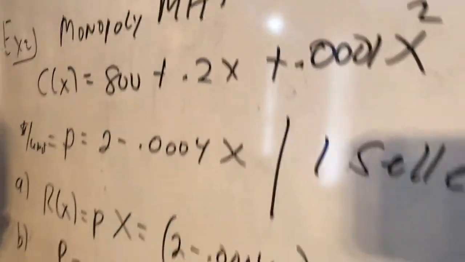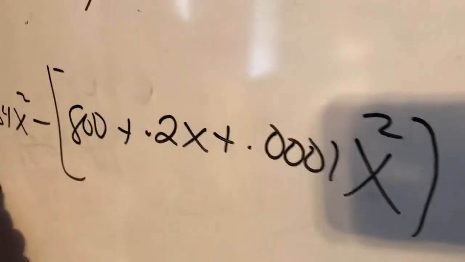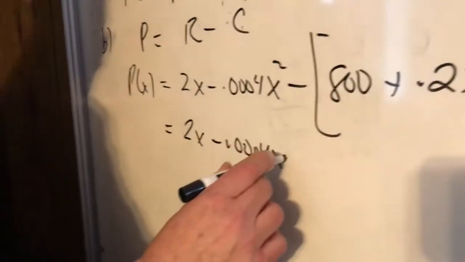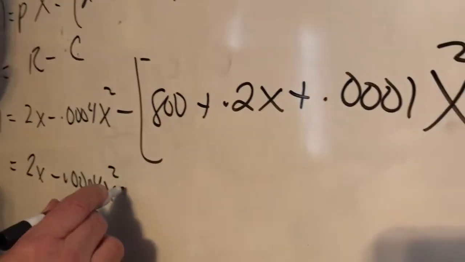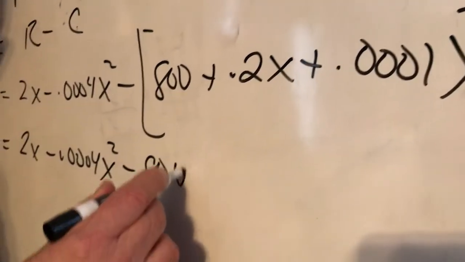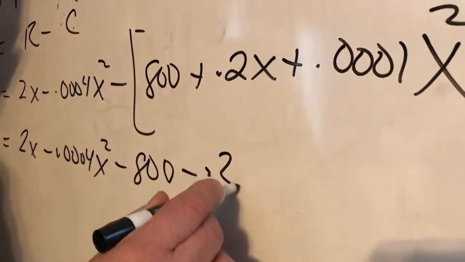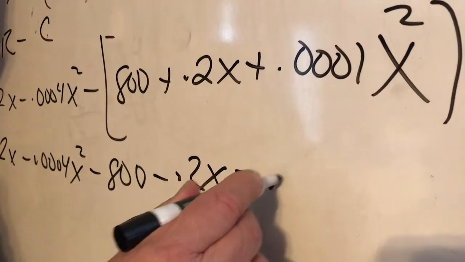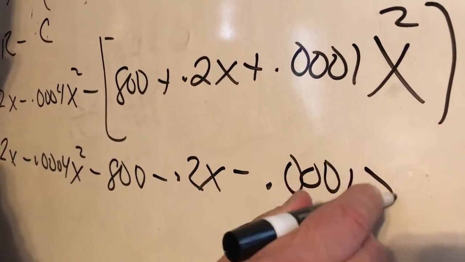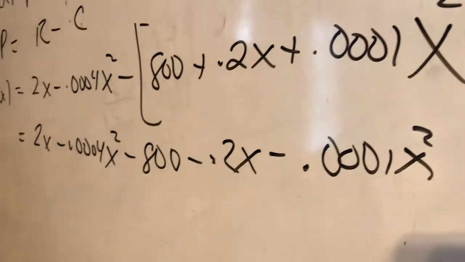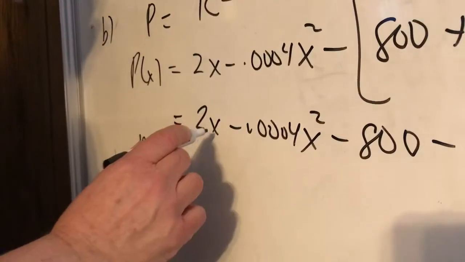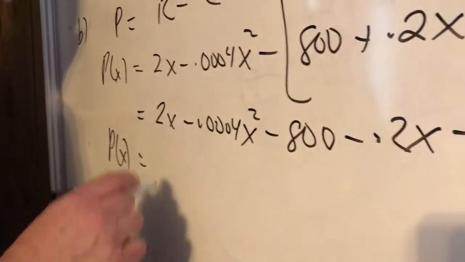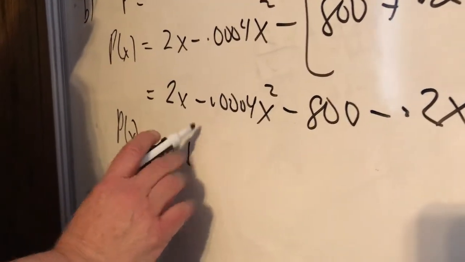All right, now this comes out to be 2x minus 0.0004x squared. Just distribute the negative throughout all of them. So our profit function becomes 2x minus 0.2x, that's 1.8x.